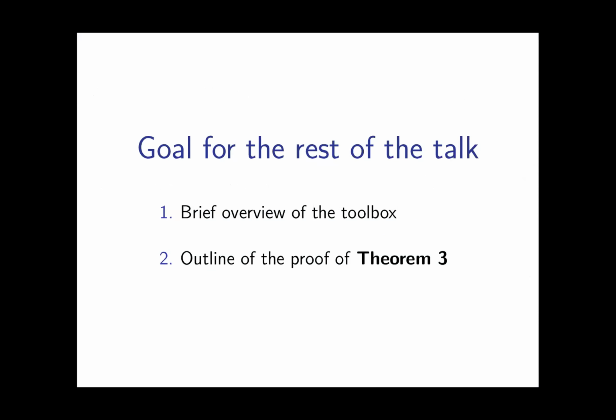So for the rest of the talk, for the remaining 5 plus epsilon minutes, I would like to give a brief overview of the toolbox and outline the proof of this theorem.